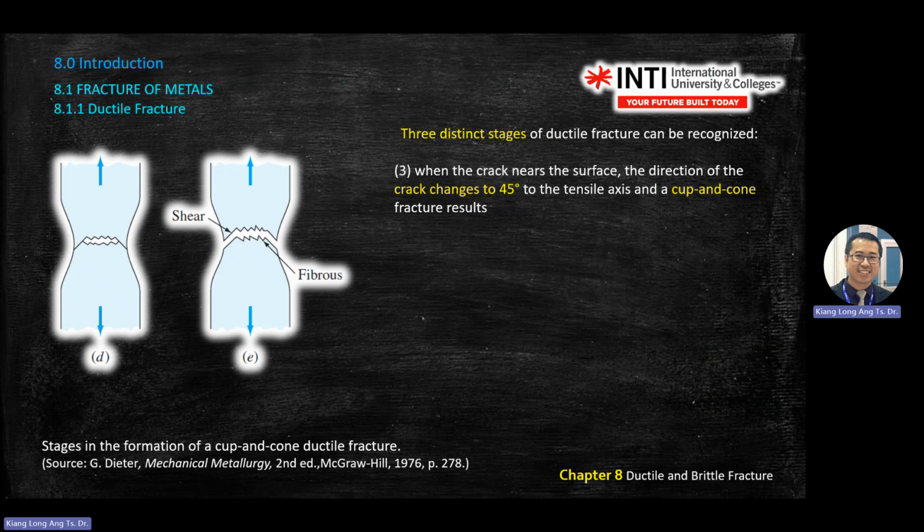So initially the cavity happens, then it goes perpendicular to the force. Then when it reaches the surface of the neck, it changes direction to 45 degrees. That's why you see cup and cone behavior. On the top is the cup, below is the cone.